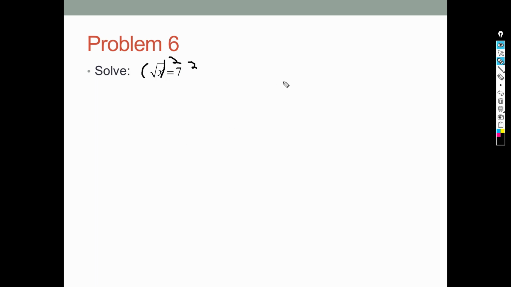So keep in mind that when you have the nth root of some number and you take it to the nth power, because the nth root means x to the 1 over n, when you take that to the nth power, it's a power to a power, so the n's cancel out.